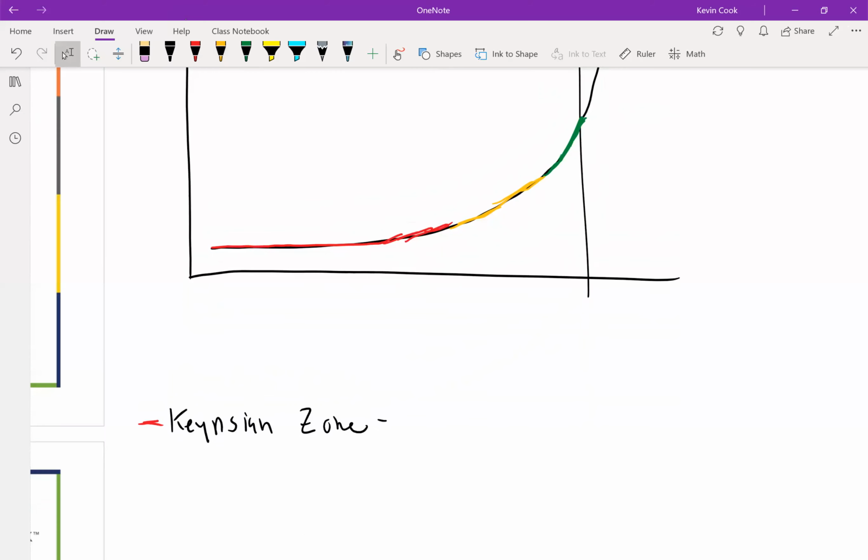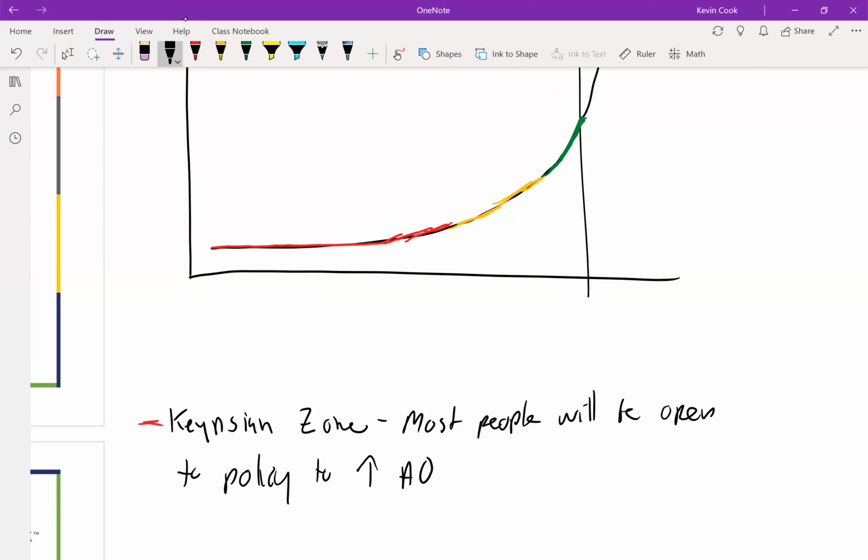And we're seeing here, if we're in the outright Keynesian zone, most people will be open to policy to increase our aggregate demand.